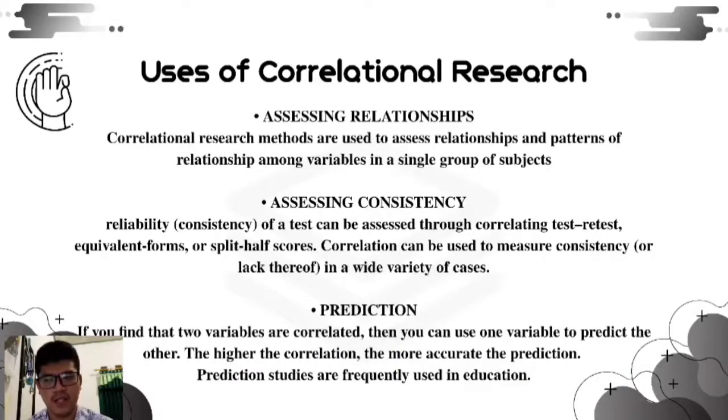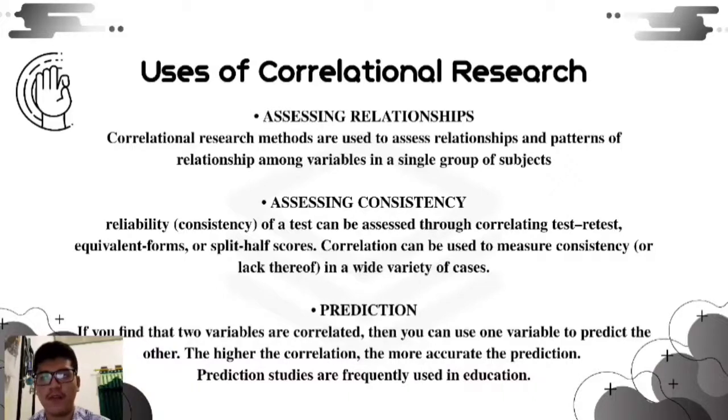Assessing consistency. Reliability or consistency of a test can be assessed through correlating test-retest, equivalent form, or split-half scores. Correlation can be used to measure consistency or lack thereof in a wide variety of cases.